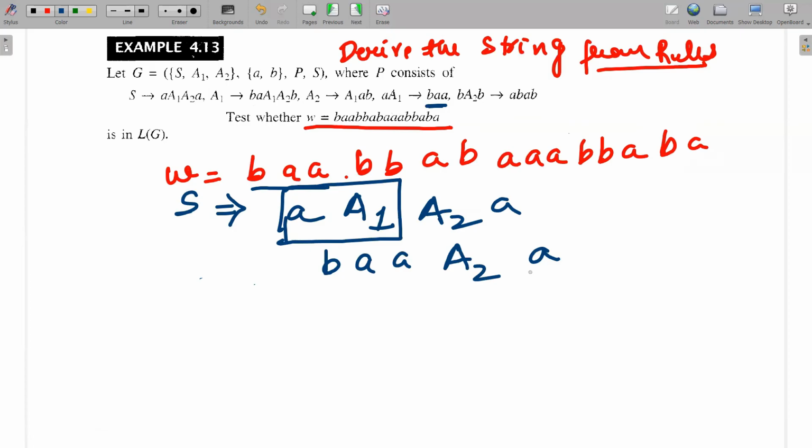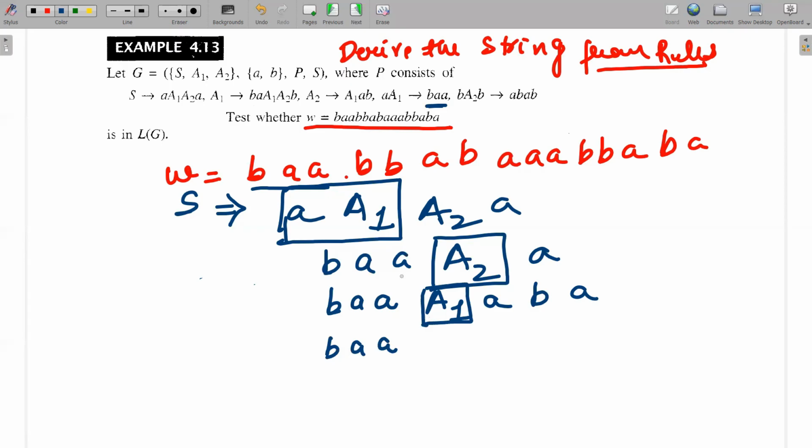Now we have to use the rules accordingly to get the answer. Clearly, your A2 will give us certain answers. It is giving us BAA A1 ABA. So this answer is giving us this particular part. Now, A1 might give us different answers, so you just check A1. You have BAA. A1 is giving you BA A1 A2 B, and we have got ABA in the last.